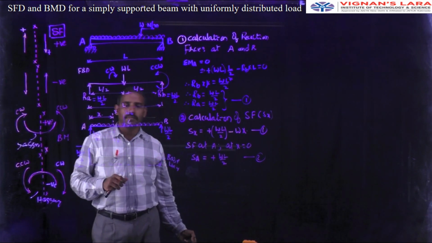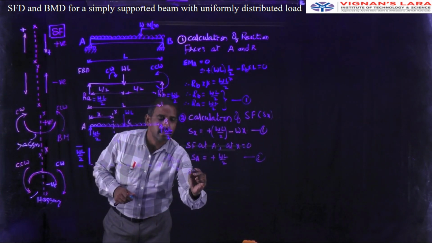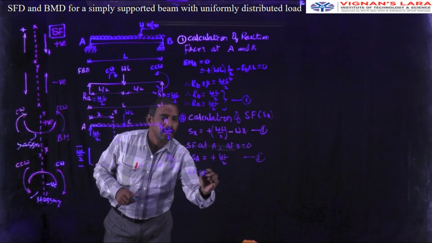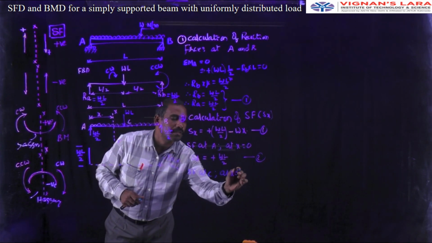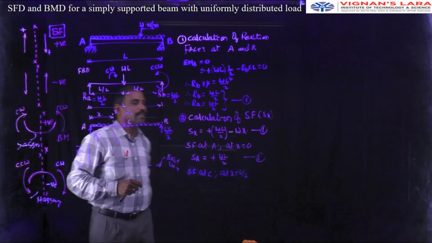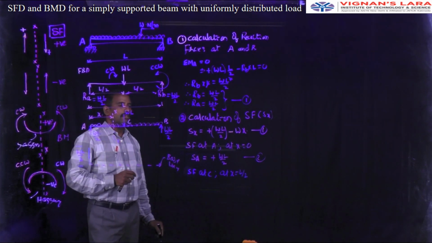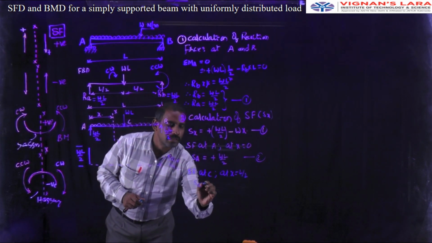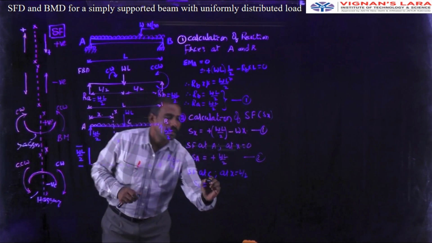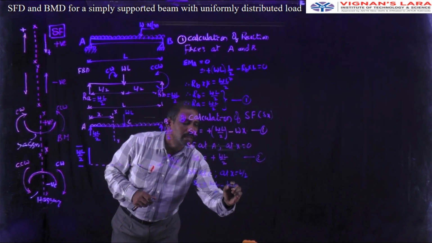Let us see what about the shear force at C. Next, SF at C, it means at x is equal to L by 2. Simply substitute x is equal to L by 2 in equation number 1. Therefore, SC is equal to WL by 2 minus W into L by 2.